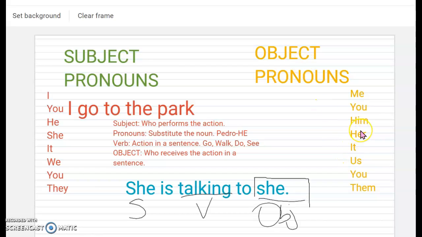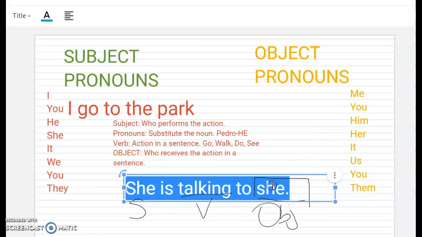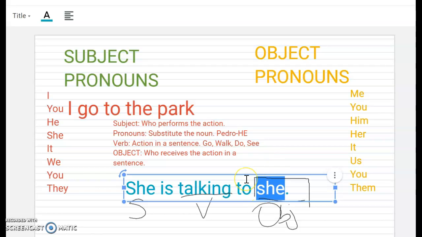Again, these are the ones that receive the action in a sentence. So in here, instead of saying she's talking to she or she's talking to Maria, what we do is that we substitute the name and we say she is talking to her, or she is talking to him if it's a boy. She is talking to us if it's a group where I am included. She's talking to them if it's a group I am not included.